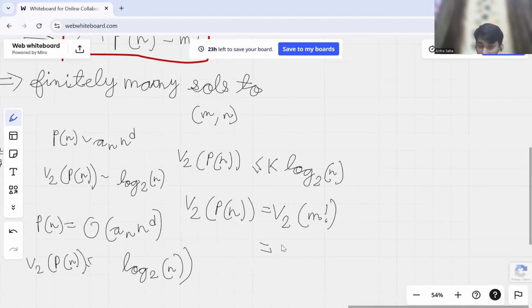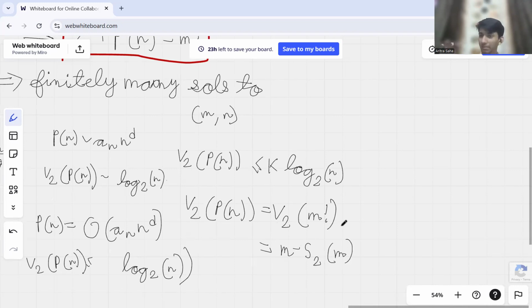And what is V2 of m factorial? If you know the Vp of n factorial formula, it's m minus s2m, where it's n minus sp of n over p minus 1. So it's m minus s2m. What is s2 of m?